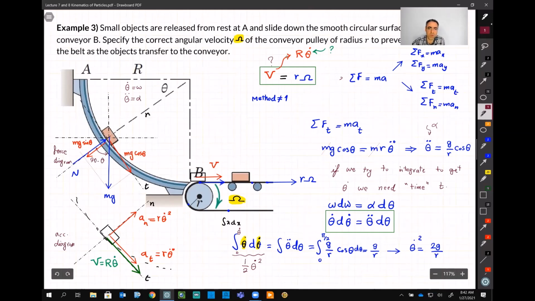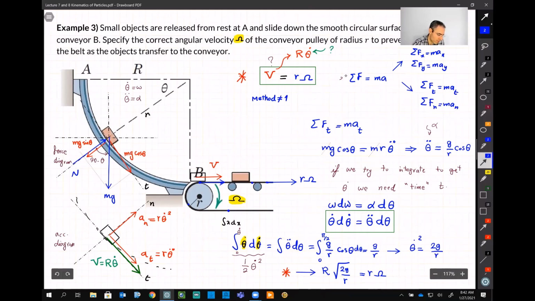Let's go back to the original formula that we had: r theta dot is equal to R omega. Let's call this the star formula. In the star formula, I replace theta dot with what we just found, the square root of 2g over r, so that it equals R omega.